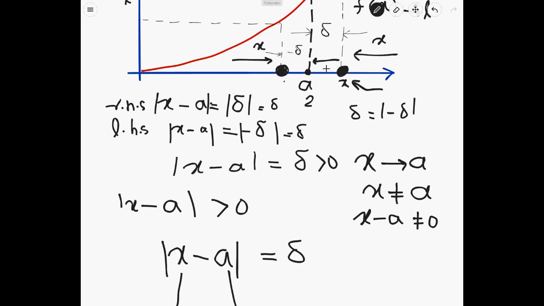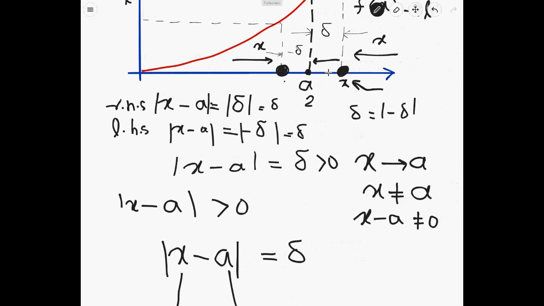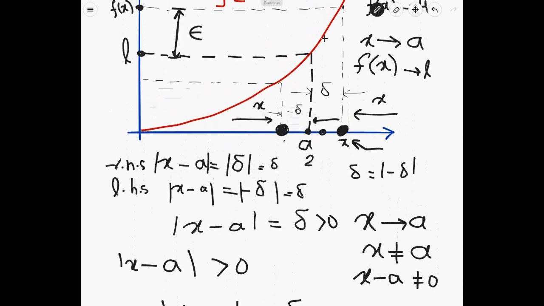When you were at this point x, the difference between x and a was delta, and when you move closer to this point, for example to this point here, the difference between this point x and this point a becomes smaller. Previously the difference was delta. When you move closer to point a, this difference would obviously be smaller than delta.